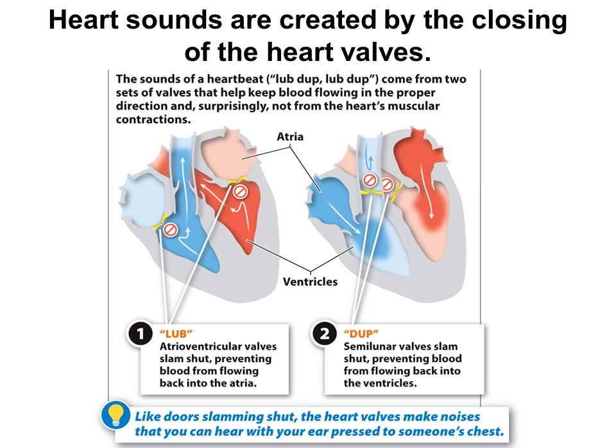So once the blood is pushed from the atrium into the ventricles, these valves will close, keeping it from going back up. So those valves opening and closing to let blood flow from the atrium into the ventricle, opening and then closing here to keep it from flowing back, that's actually the sound you're hearing. It's those valves slamming shut, kind of like doors.